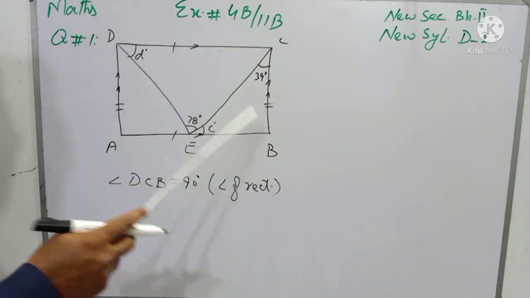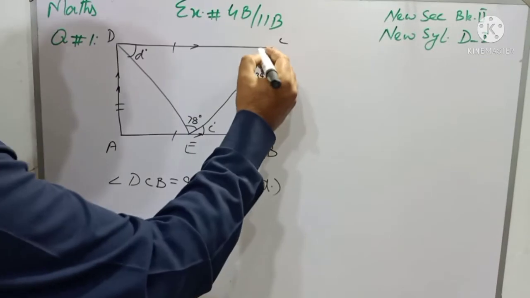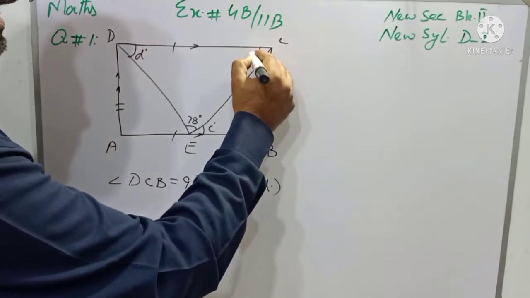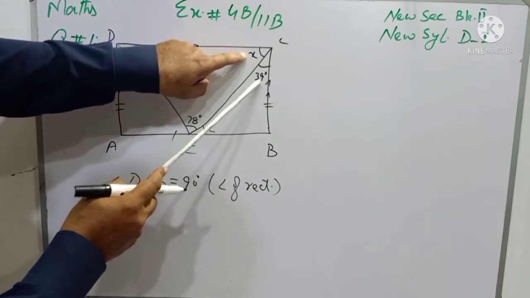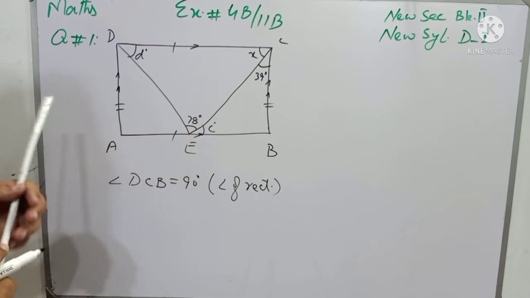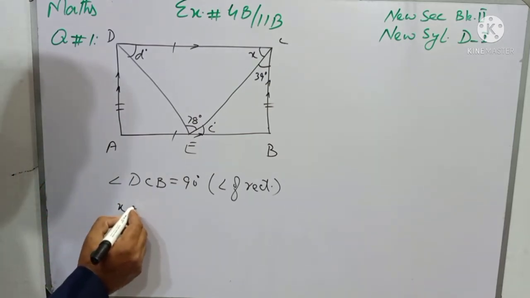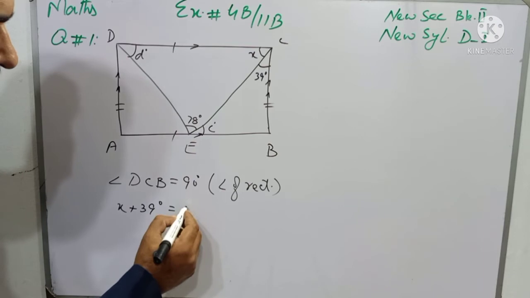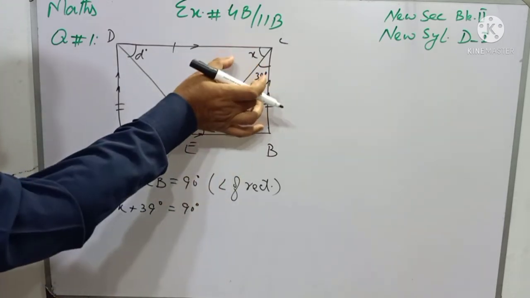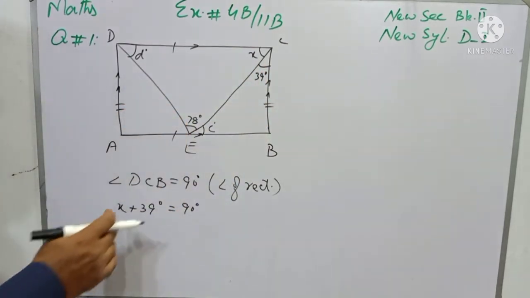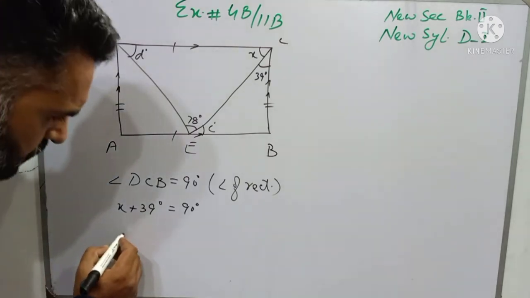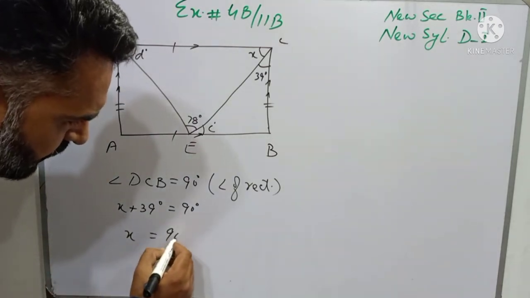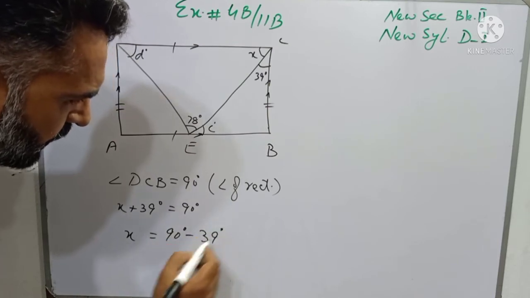Angle DCB is divided into two angles, and we can name this angle as angle X. So students, if we sum up angle X and 39 degrees, it will be equal to 90 degrees. So X plus 39 degrees is equal to 90 degrees. 39 is plus on the left side; when we transfer it to the other side, it will become minus. So the value of X will be 90 degrees minus 39 degrees.